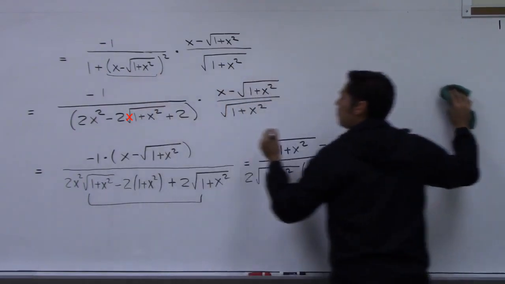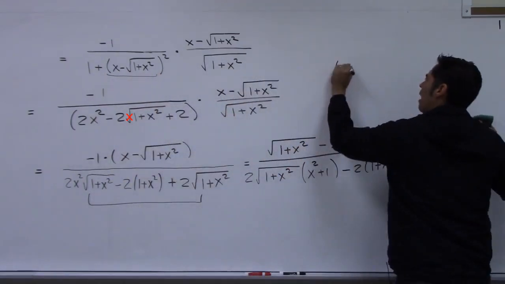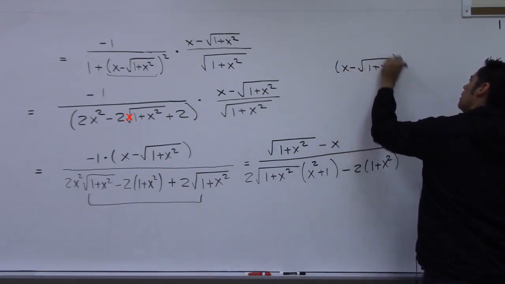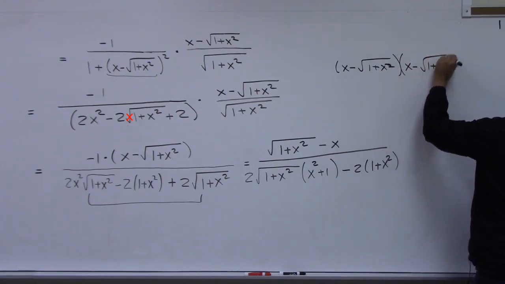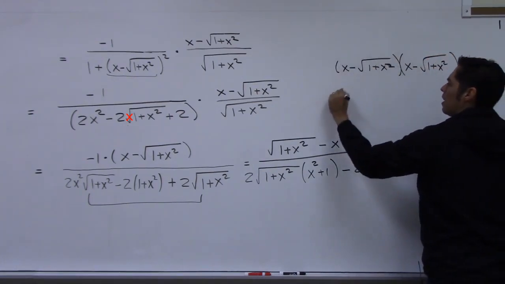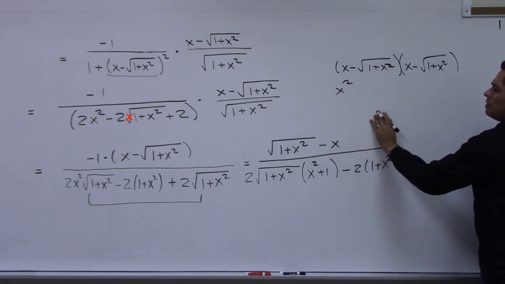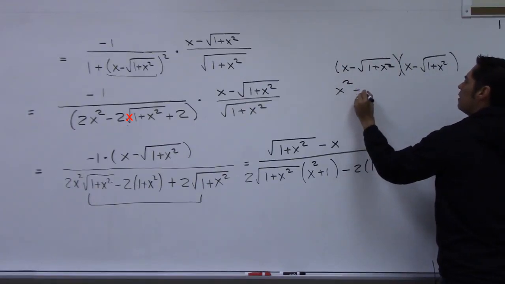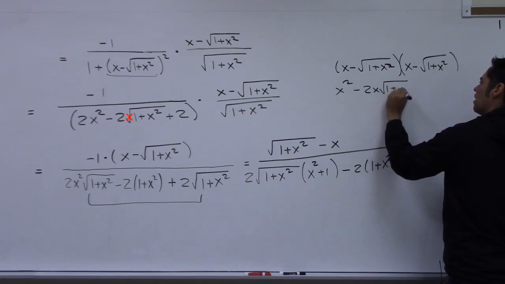Okay, take that again. When I squared it, I told you I got this. I'm missing something there. I had x minus root 1 plus x squared times x minus root 1 plus x squared. And then first term I got x squared. And then the next one, this should have been negative 2x root 1 plus x squared.